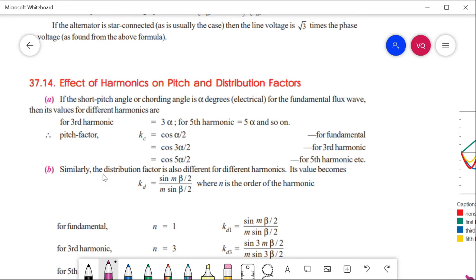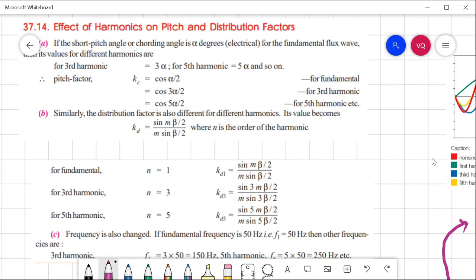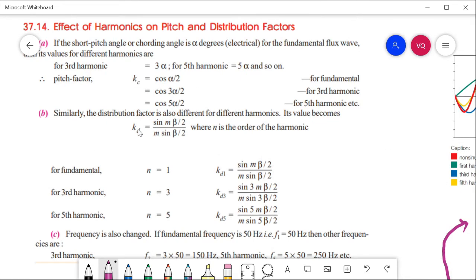So similarly, the distribution factor is also different for different harmonics. So its value becomes Kd equals sine n beta over 2, where n is the order of the harmonic. So di ba we solved our beta a while ago, equal to 180 all over n.